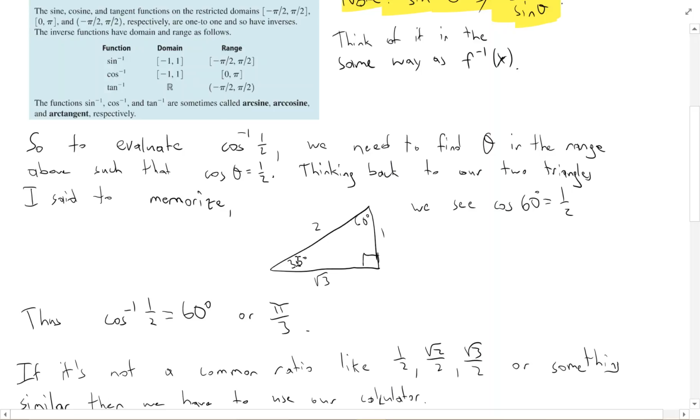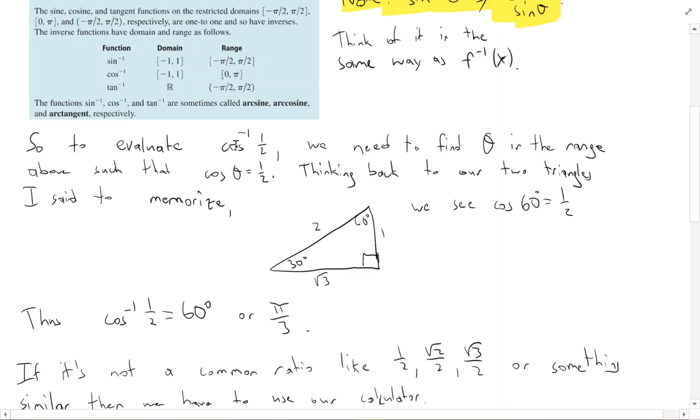If I look at which of these angles would give me a cosine equal to 1/2, remember cosine is adjacent over hypotenuse, so I want 1 over 2. So 1 is adjacent to 60 degrees here, so I see that cosine of 60 is 1/2. Therefore, inverse cosine of 1/2 is 60 degrees, which we can convert to radians to get pi over 3.